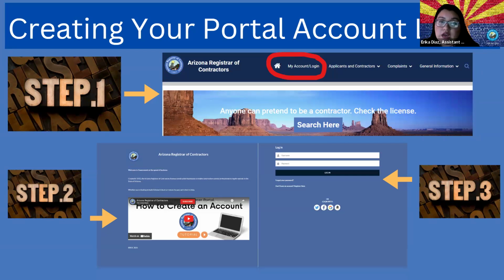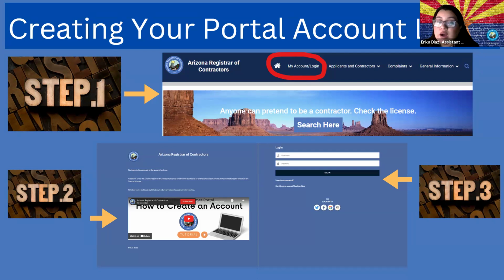It highlights, again, how to create your account, how to look up your business, and how to link that business to your online portal account. Also, if you are already licensed, how to look up your license and maintain your license from there. Through the online portal, you are able to do several different things once you're licensed.